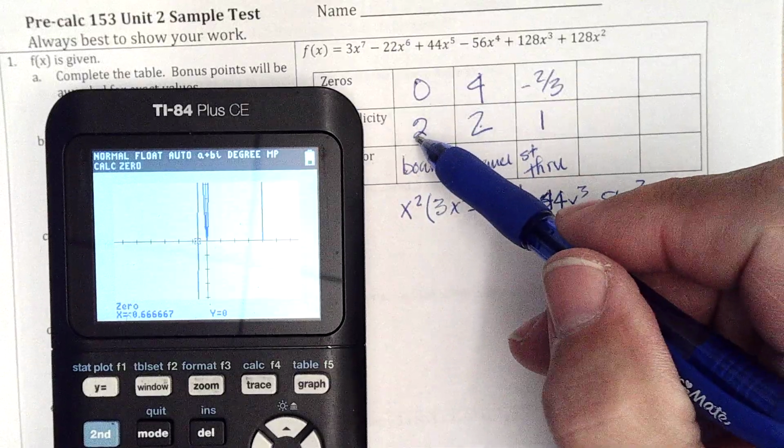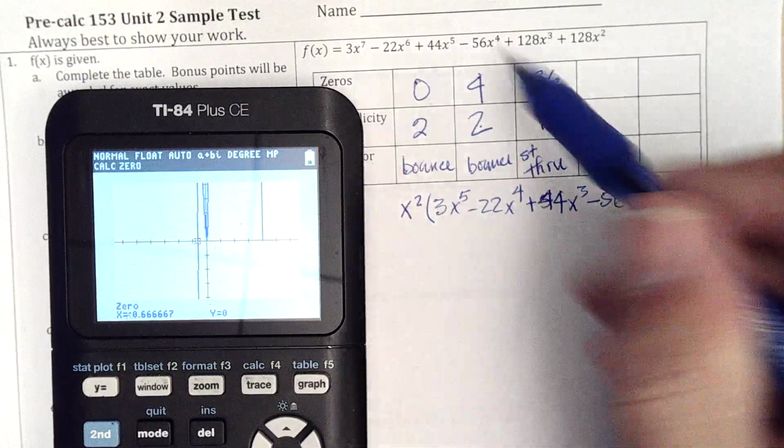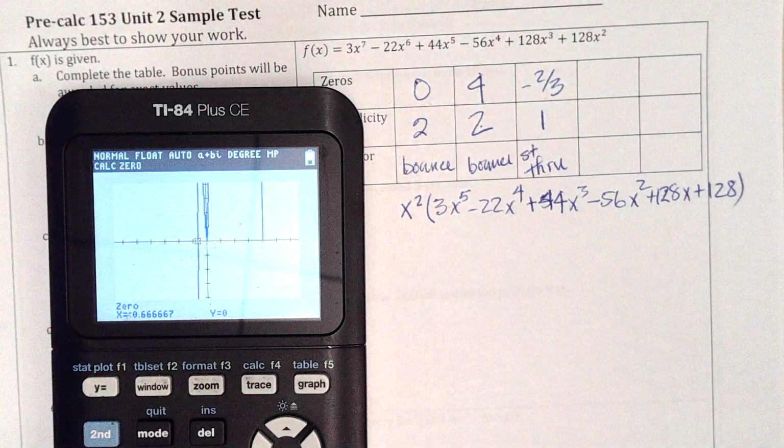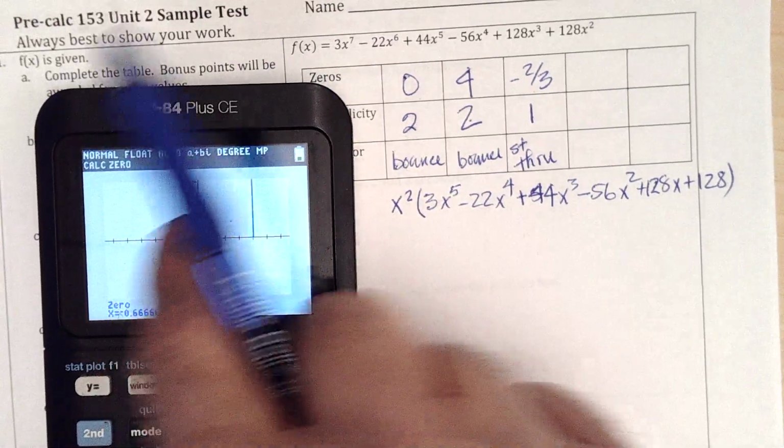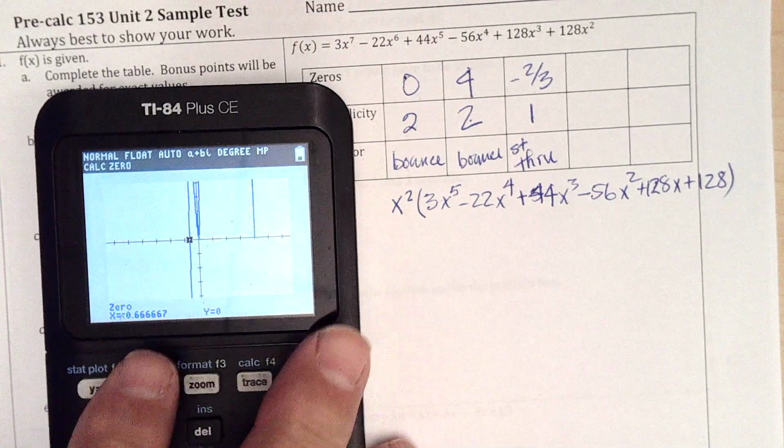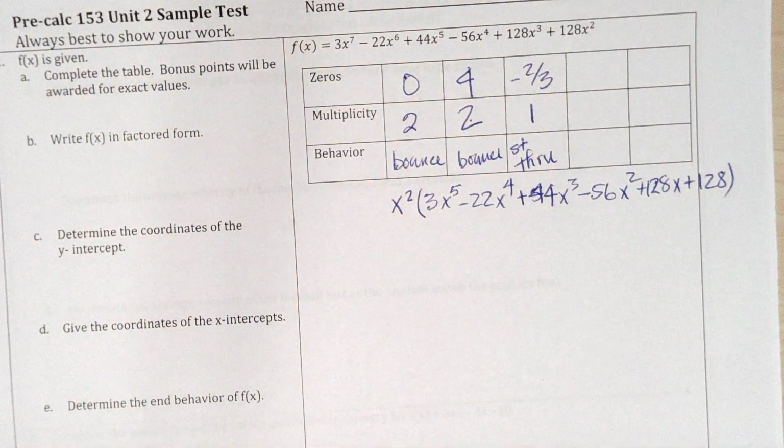So now I'm up to 2, 4, 5 of the 7. Good. If I'm up to 2 left, then I can get it down to a quadratic that'll have the other 2. And they're probably imaginary because I don't see any other places where it's hitting the graph. All right.